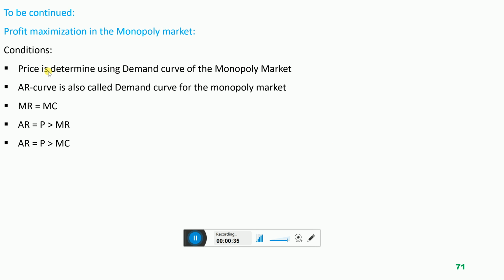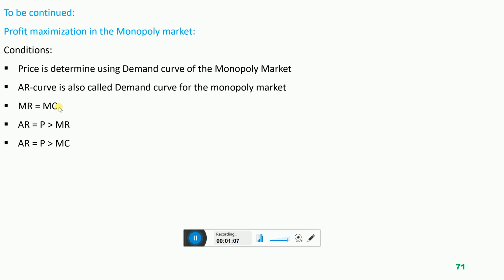The first one: the monopolist can determine the price for the commodity using the average revenue curve or demand curve of the monopoly market. Simply, the monopolist will define the price for the product using the demand curve of the monopoly market. Second, average revenue and demand curve are the same thing for the monopoly market.